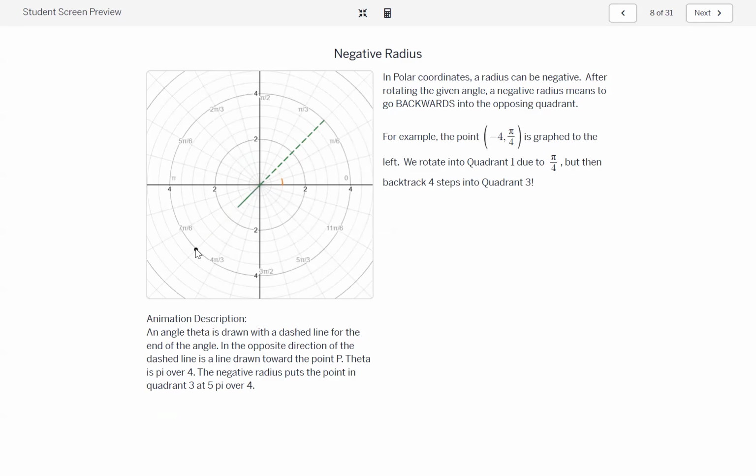Now, another interesting fact about polar points is that there's more than one ordered pair that describes a location. In our rectangular system, our x, y system, when I pick a pair of numbers, that only goes to one location.